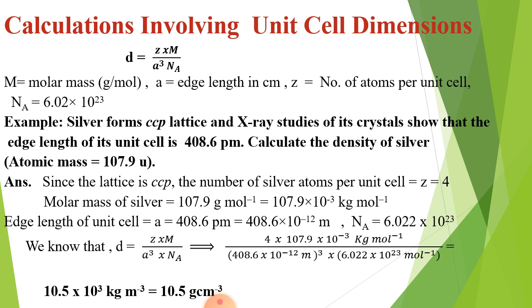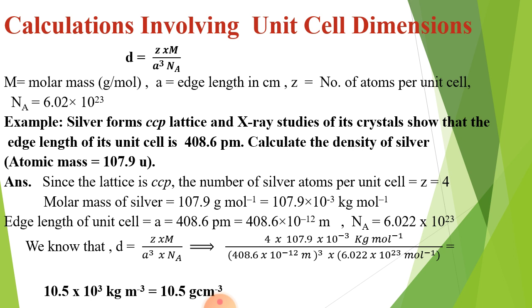Now the example: silver forms a CCP lattice and X-ray studies of its crystals show that the edge length of its unit cell is 408.6 picometer. Calculate the density of silver. The atomic mass is given as 107.9 u.